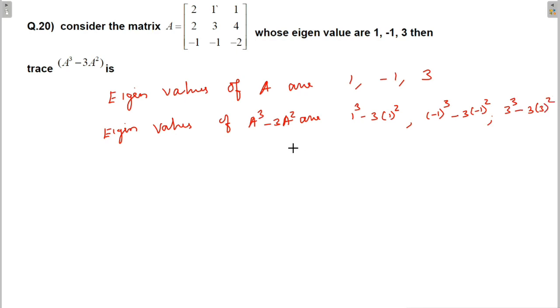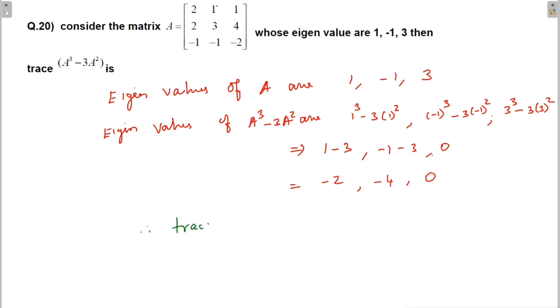If you simplify, you may get 1 minus 3 comma minus 1 minus 3 comma 0, which is equal to minus 2 comma minus 4 comma 0.